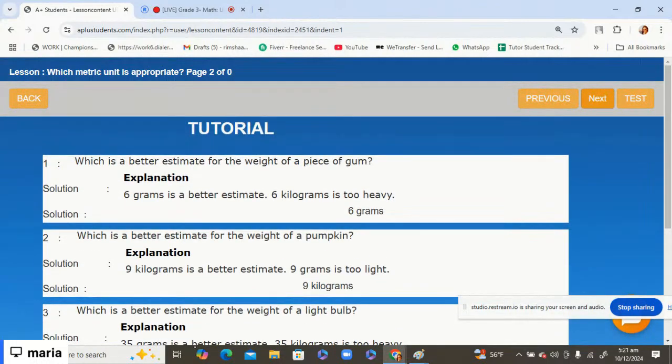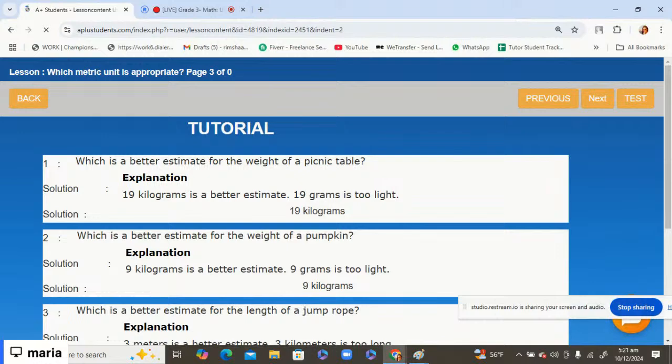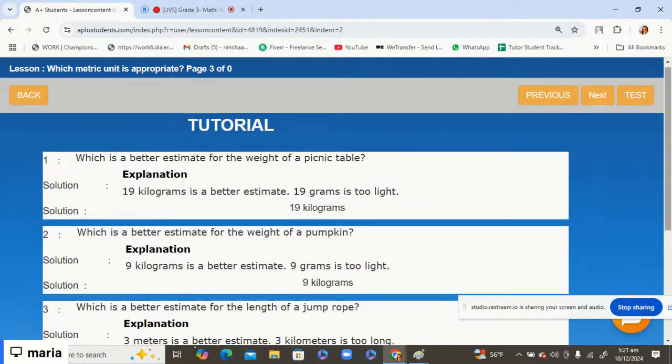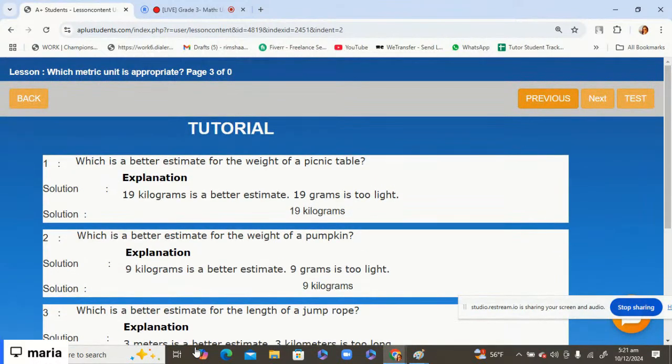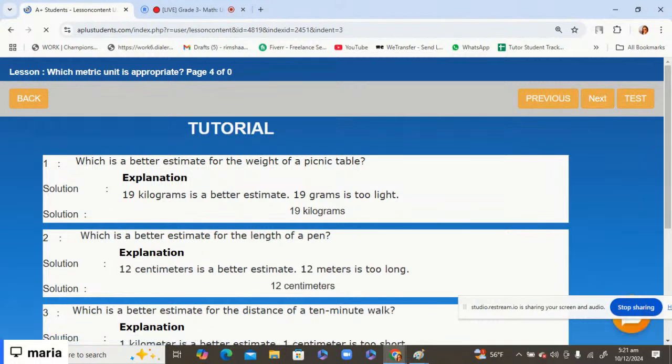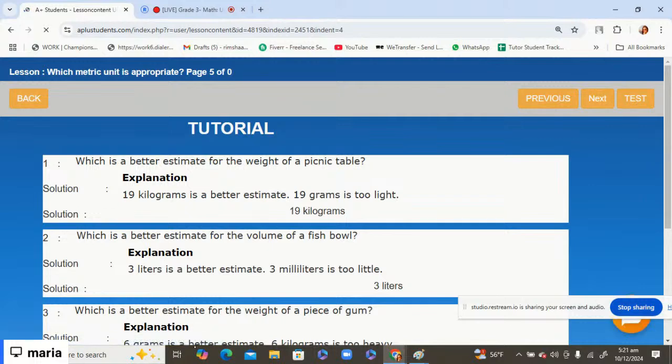It's again the same thing, the picnic table and all that. So here, for the fish bowl, they are saying volume now. If the weight is involved, you are using gram with it.